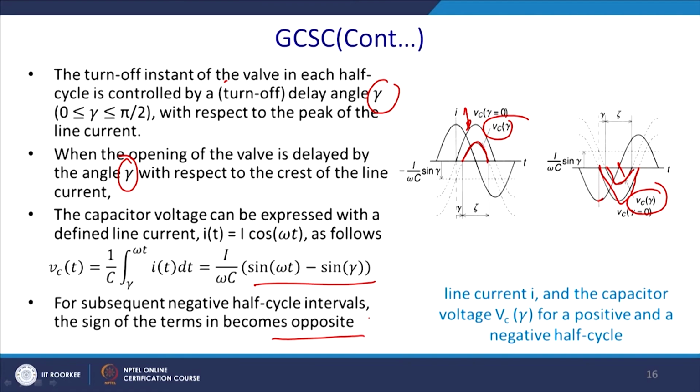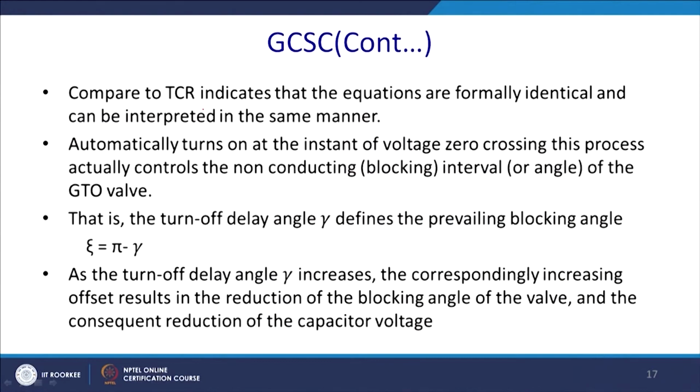So, what we can talk about the GCSC compared to the TCR we have discussed in the shunt compensation indicates that the equations are formally identical and can be interpreted in the same manner. Automatically the instant of the voltage 0 crossing controls the non-conducting or blocking interval of the angle of the GTO.